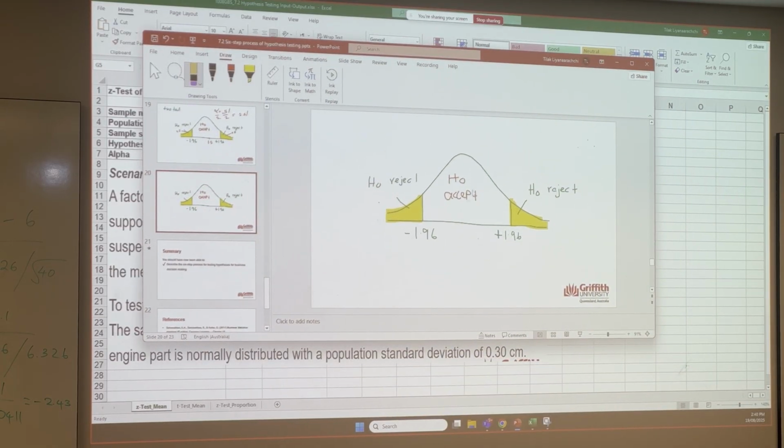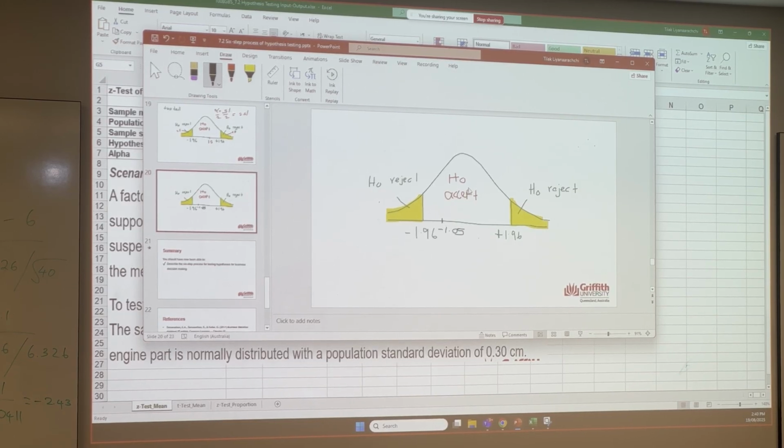Minus 1.5, so minus 1.96 here is the critical value. Your Z statistic is minus 1.05, so it is falling in the H naught acceptance region. That means you accept H naught.